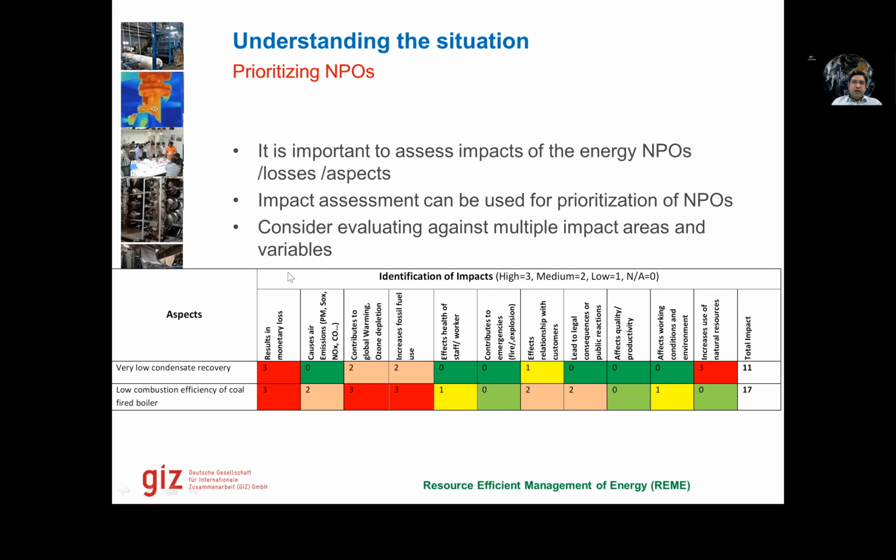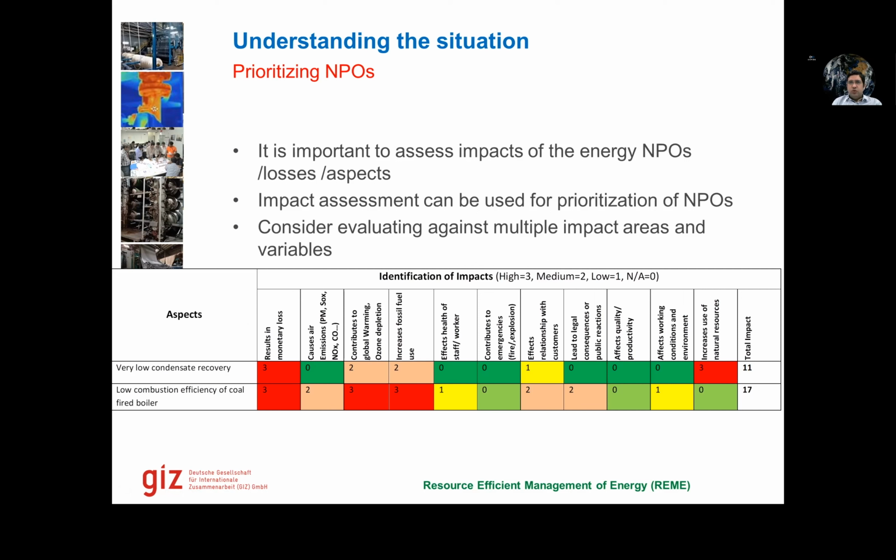You can see financial loss is only one parameter out of these 9 or 10 parameters. So if we use this kind of a matrix for prioritizing the non-product outputs, or for the solutions, when we propose the solutions we can tell them that there are energy benefits, but there are non-energy benefits as well.